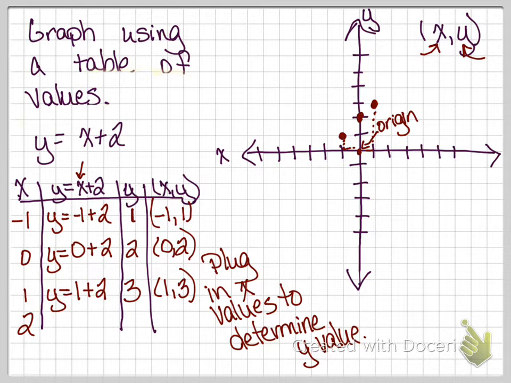And then the last coordinate that I'm going to plug in for x is 2. So I have y equals 2 plus 2. What's 2 plus 2? 4. Good. So my ordered pair is 2, 4. So I go to the right 2 because that's my x coordinate, and I go up 4 because that's my y coordinate.